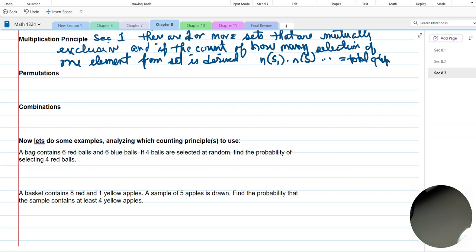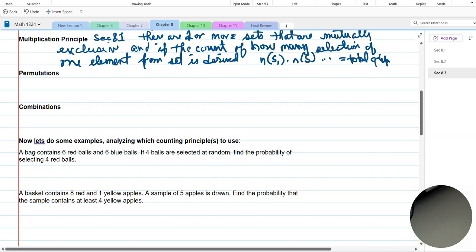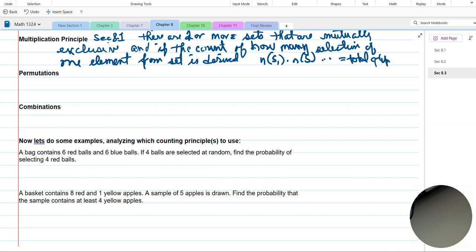Okay, we're on part 2 of section 8.3, and we're still reviewing, making sure everything is on the up and up. We're talking now about permutations. In section 8.1, we did the multiplication principle and also permutations.